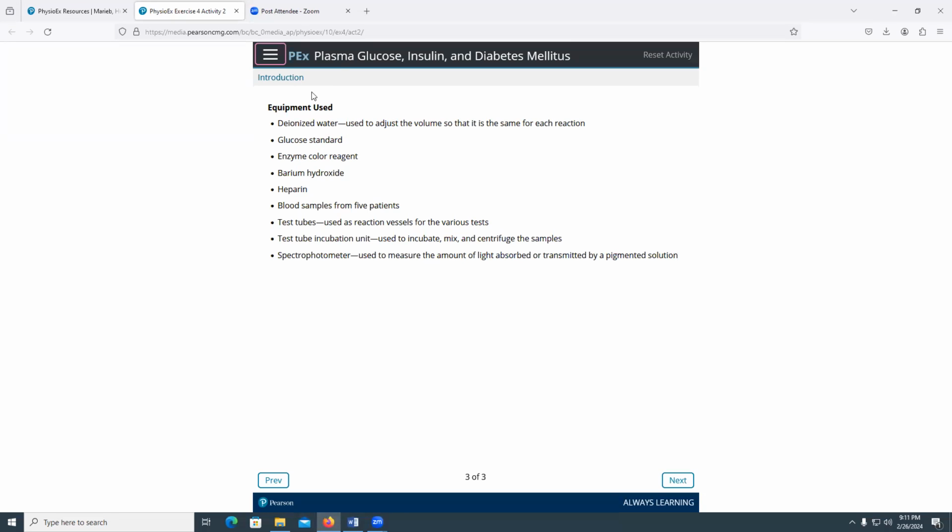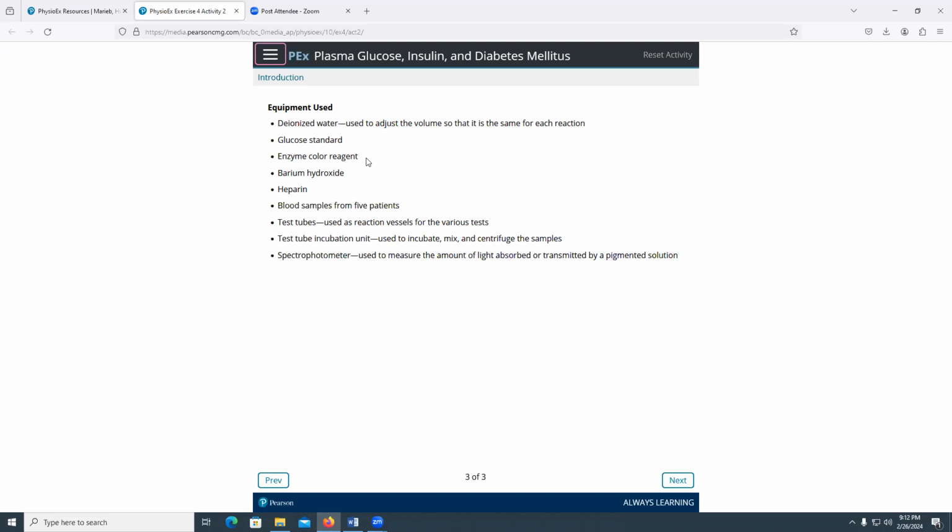These are the equipment that I will put in my materials and methods. I talked about the general scheme of my experiment, but obviously we have some materials that I did not mention. For example, the deionized water is used to adjust and normalize the volume of the fluid through which I will have my light passing inside the spectrophotometer. Then I have a glucose standard with a dropper cap that I will use to put in samples of known glucose concentration.